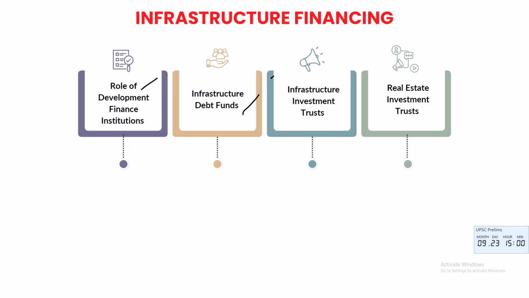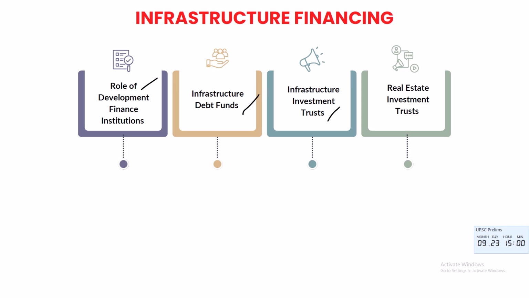Infrastructure debt funds. These vehicles provide long-term debt to operational infrastructure projects. They pool capital from institutional investors like insurance companies and pension funds, essentially giving these projects a financial second life. Infrastructure investment trusts. These are like the mutual funds for infrastructure.